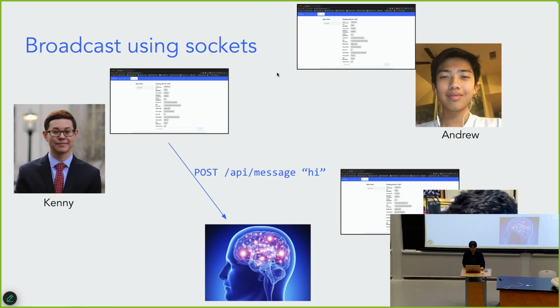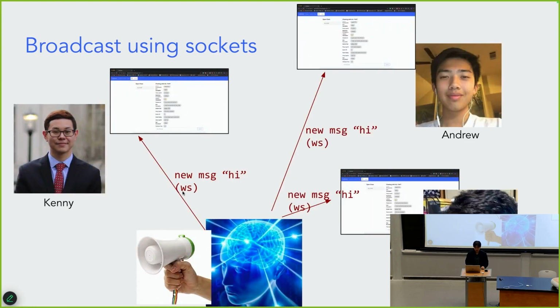So in our example of Chatbook, if Kenny posts a message using the /API/message route, then if we have sockets, sort of like connections between each client-server pair, then WebSockets allows us to have the server broadcast a message to all the clients that a new message has been posted.